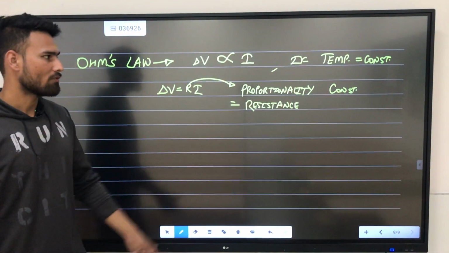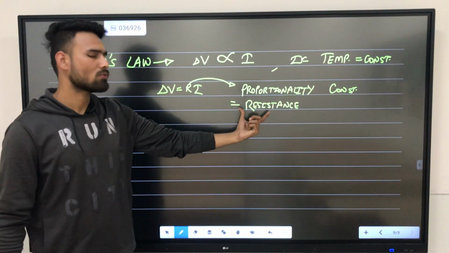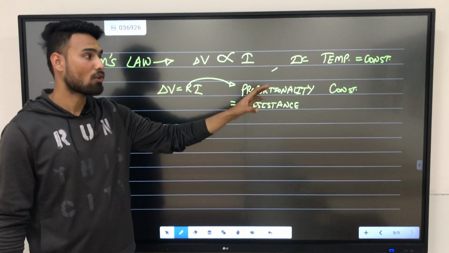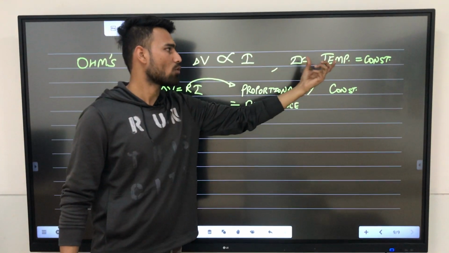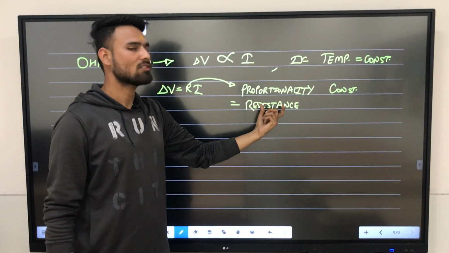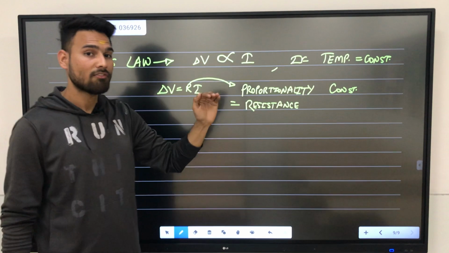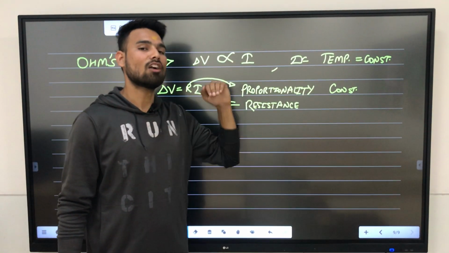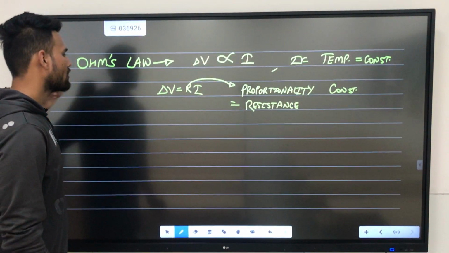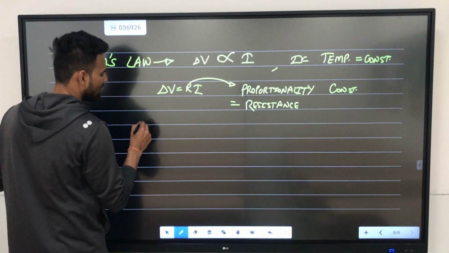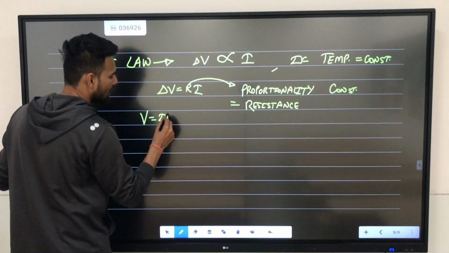If the temperature is constant, the resistance won't change, because it depends on temperature. If temperature is constant, resistance will also be constant if its length and area are not varied. So we can say V is equal to IR.